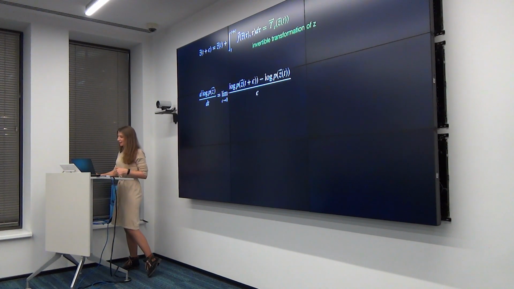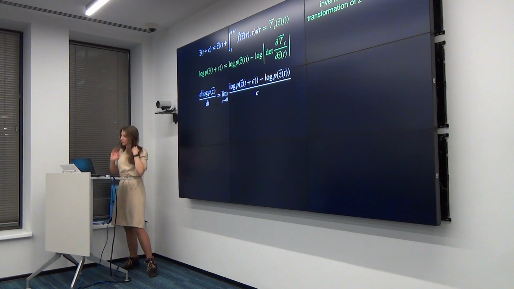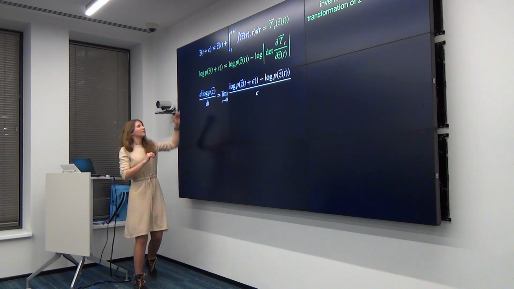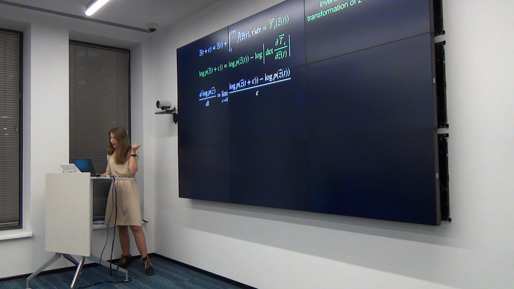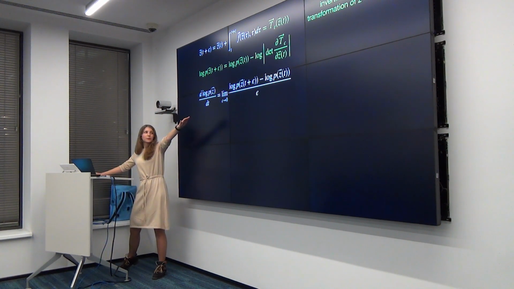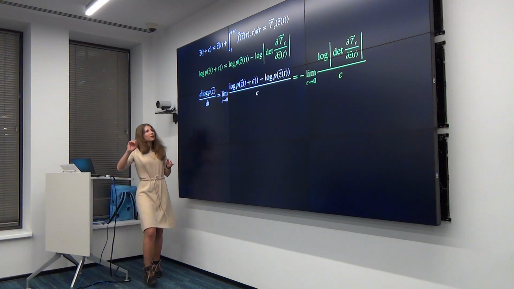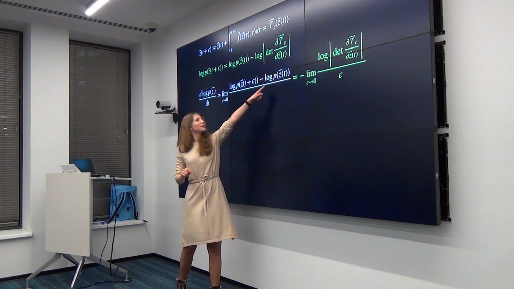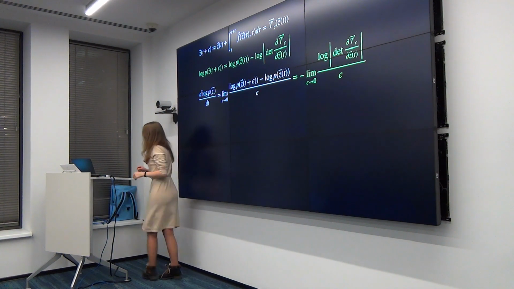So this transformation is invertible. Okay, if it's invertible, we can use the equation which we derived for normalizing flows. It's just with the determinant, and we put it into our equation for the derivative. These terms kill each other, and we get only the logarithm of the determinant.